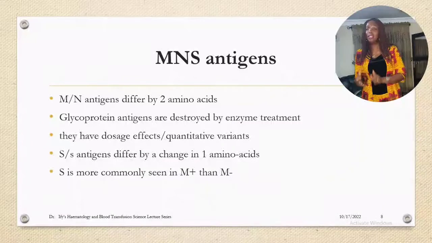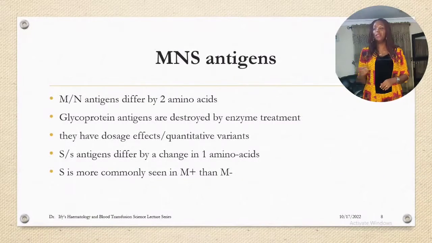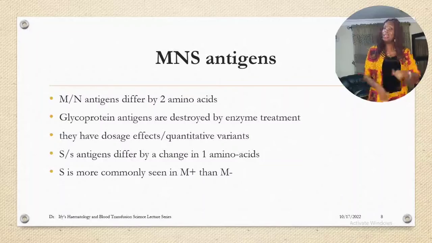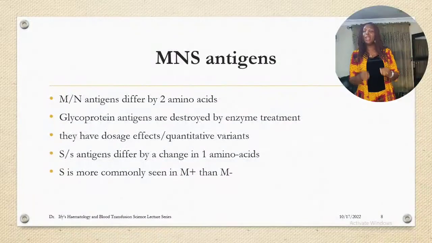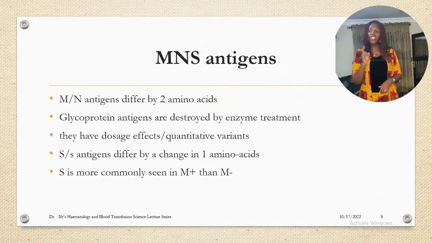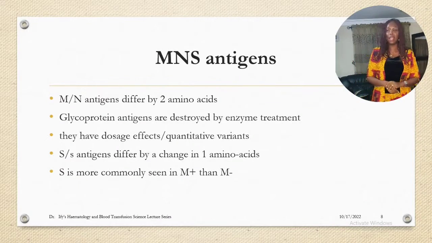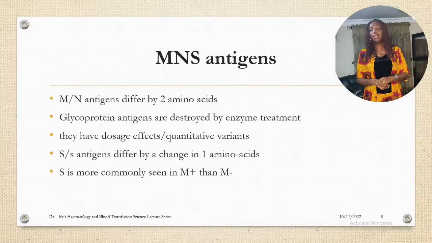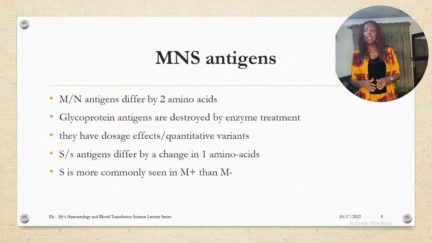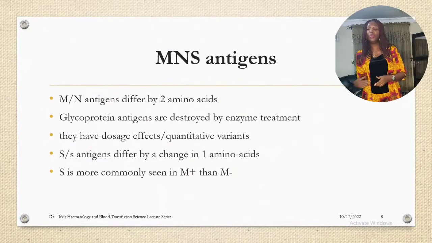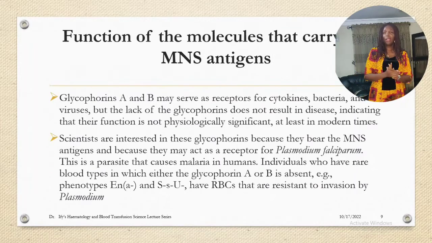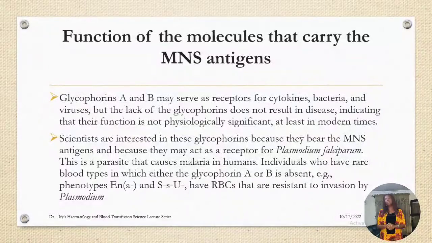They have dosage effect, that is quantitative variance, just like the antigens in the Kidd blood group system. The S and little s antigens differ by a change in one amino acid. And the big S is more commonly seen in those who are antigen M positive than those who are antigen M negative. Then, function of the molecule that carries the MNS glycoprotein.